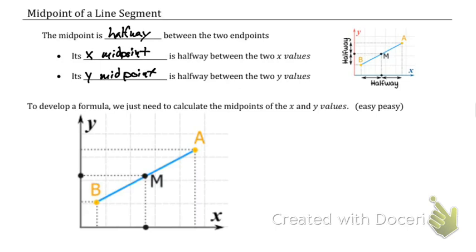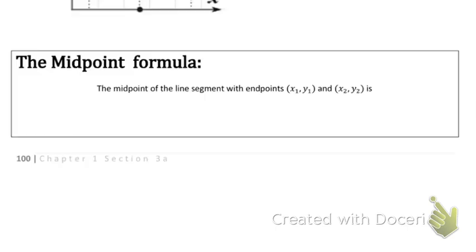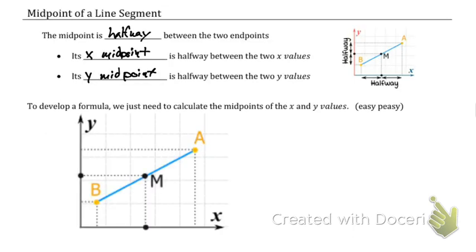So if we look at the drawing, we have 2 points. We have A and we have B and the midpoint between both of those. Well, to get to the midpoint, I just have to go halfway between my x values, and then I just have to go up halfway between my y values. So it's finding just 2 midpoints. The midpoint of your x values with the midpoint of your y values will lead you to the midpoint of your 2 whole points. So let's use that to develop a formula.